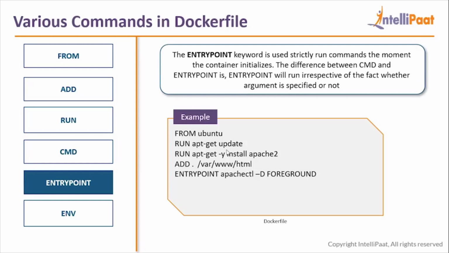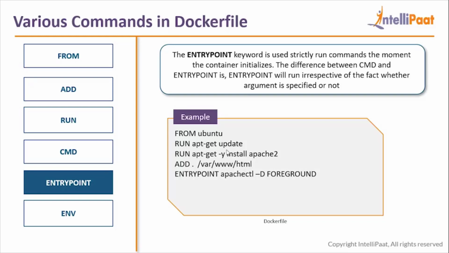Alright, the next command is ENTRYPOINT. Now ENTRYPOINT is exactly the same as CMD, that is, it runs at the starting of the container, but the only difference is CMD will not run if you specify an argument in docker run, but ENTRYPOINT will run irrespective of whether you have specified an argument or not.